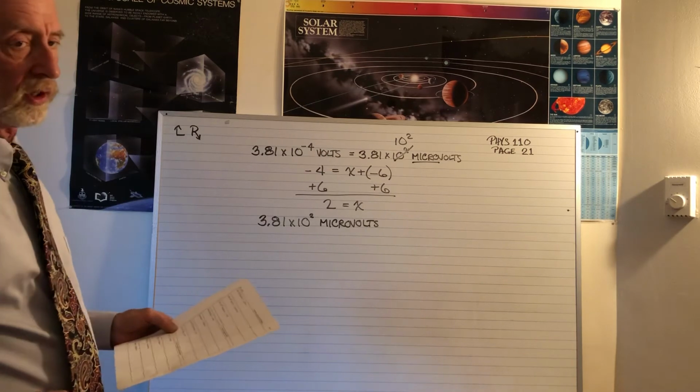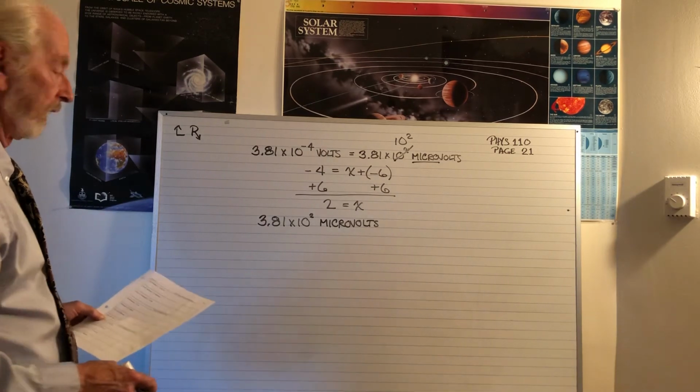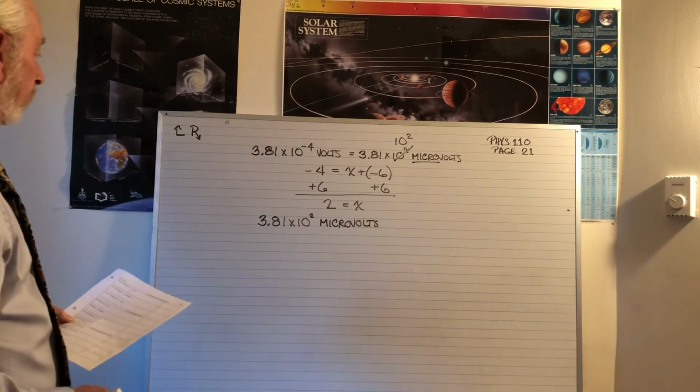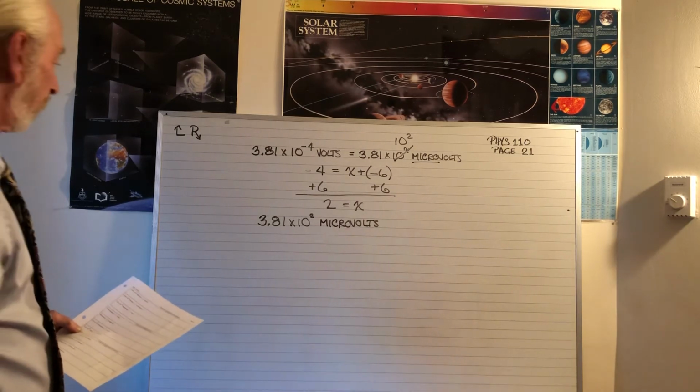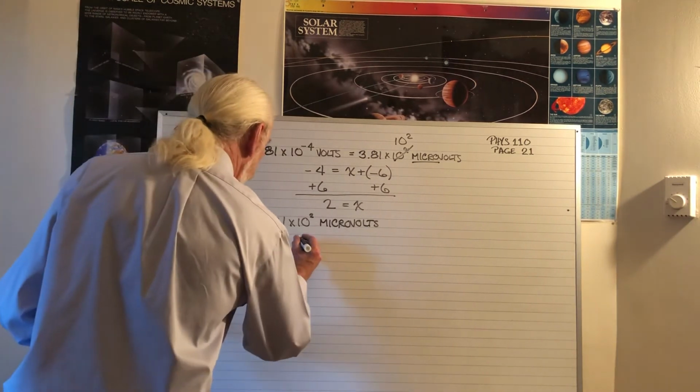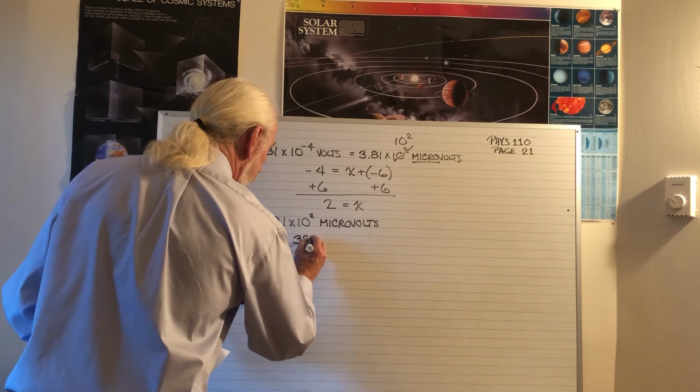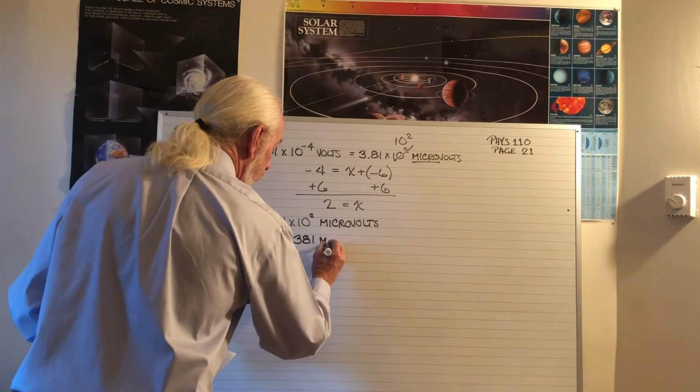So from a 2 to a 0, the exponent's going down. It means that my decimal point moves to the right 2 places, and so my answer is 381 microvolts.